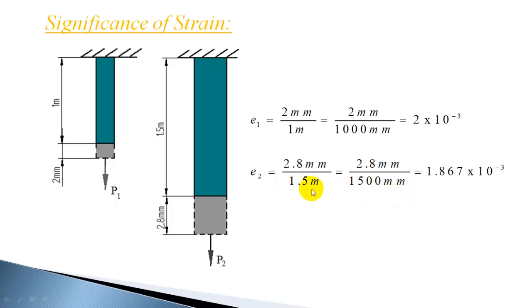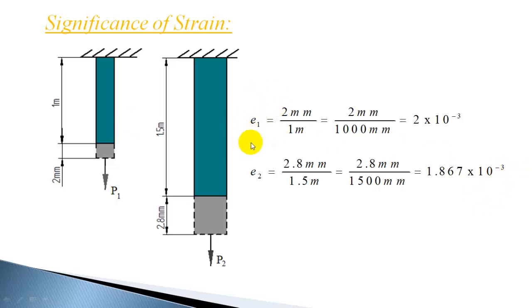You need to multiply by 1000, so you get 1.867 into 10 raised to minus 3. So this quantity denotes the deformation in unit length. That means 1.867 into 10 raised to minus 3 mm is the elongation in 1 mm length of the bar.